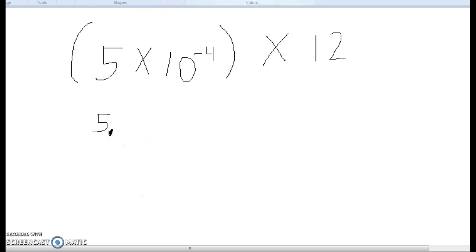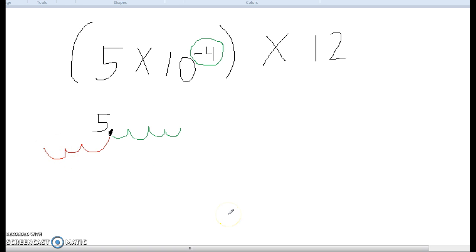Okay? Now what I'm going to do is I have a -4 as an exponent. What I had been doing before is I had positive numbers, and positive numbers would cause my decimal to move this way. Negative numbers, as you can guess, will cause my decimal to move this way.